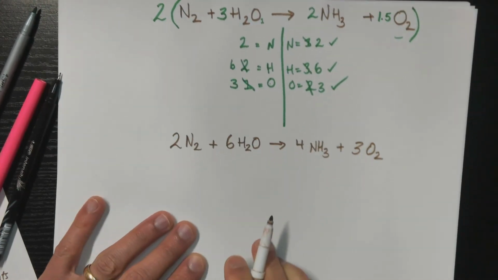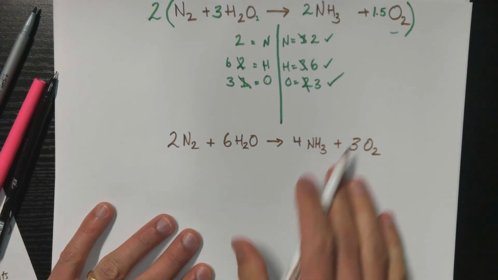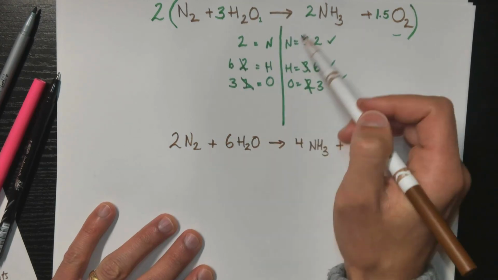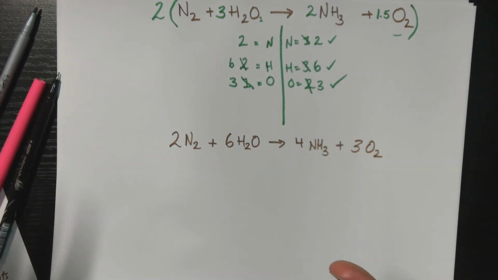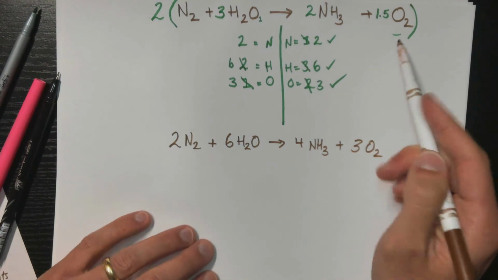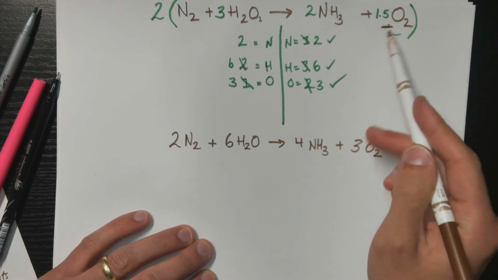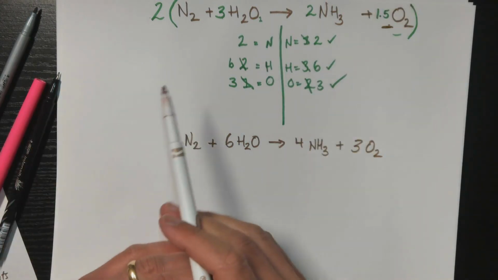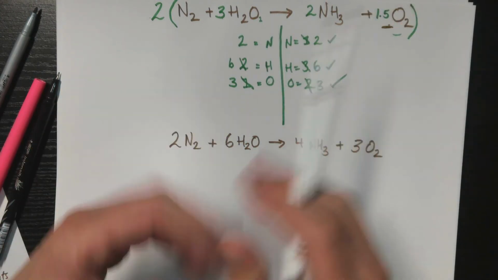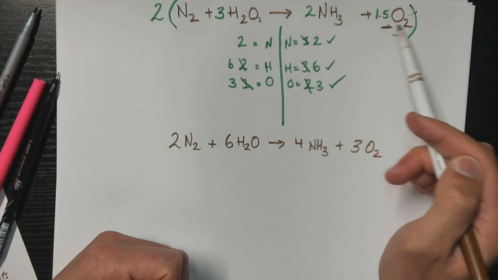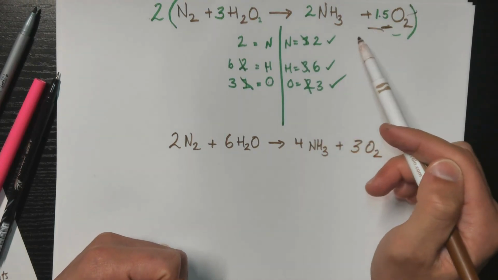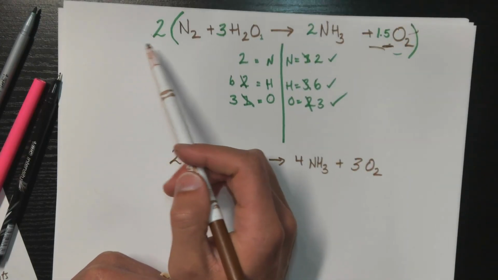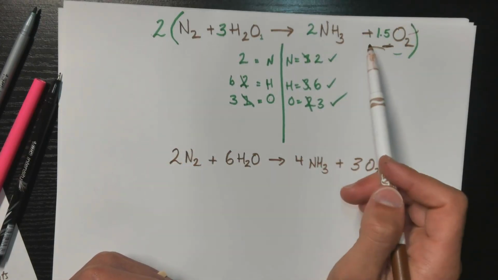Now, that kind of looks a little crazy to go in that order, but if I didn't do that, I would have had to keep going back and I would have had to adjust a bunch of different stuff all at the same time, because this one molecule actually needed to have a 3 in front of it, and it's just difficult to know what order to go in because you never know where the problem is really going to happen. But this method takes care of that problem by just forcing the equation to balance, and then you can find a way to make everything a whole number later.